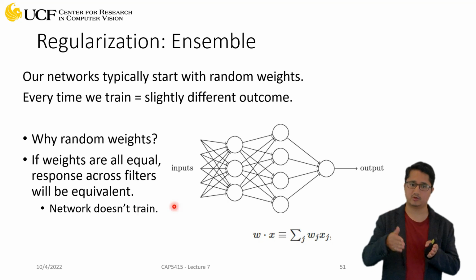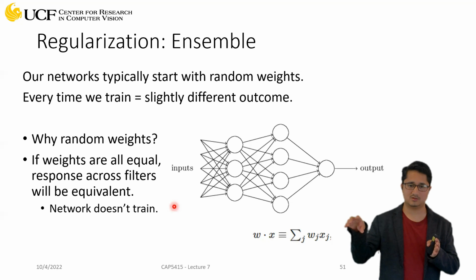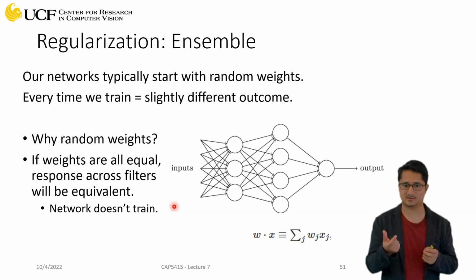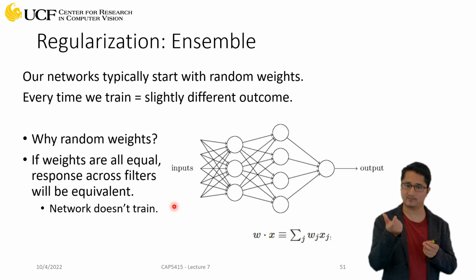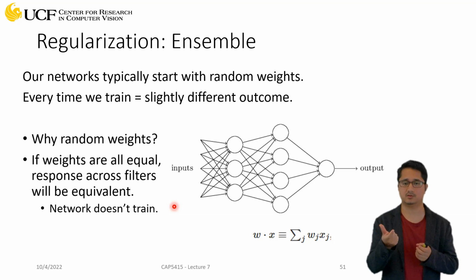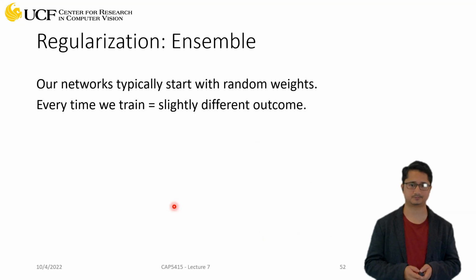So when you compute the gradient after the loss, the gradient will be the same for all the weights, because the initial values were the same and the outputs were the same. When you make the update, the values will again be the same. So the network will not train at all. That's just a small point.